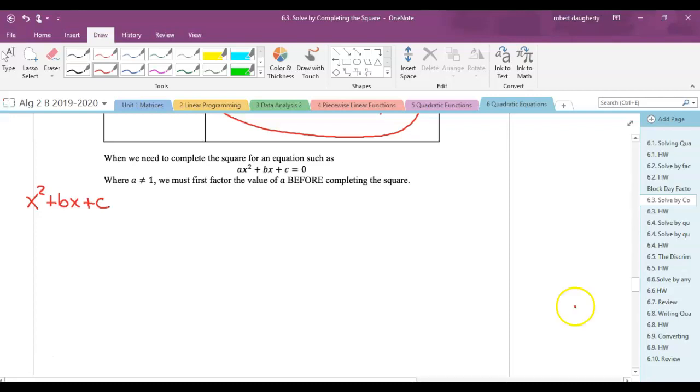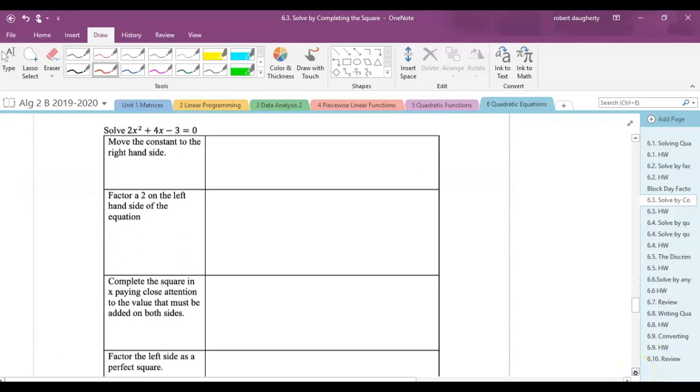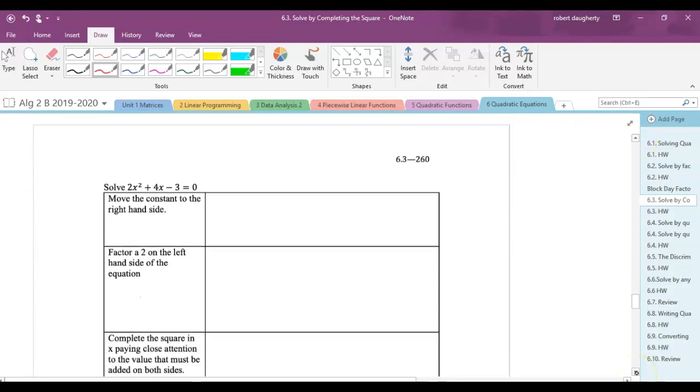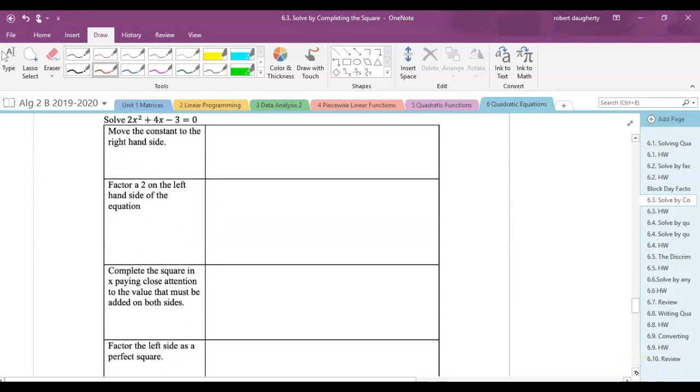So let's take a look at this: 2x squared plus 4x minus 3 equals 0. Move that negative 3 to the other side. So 2x squared plus 4x equals 3.